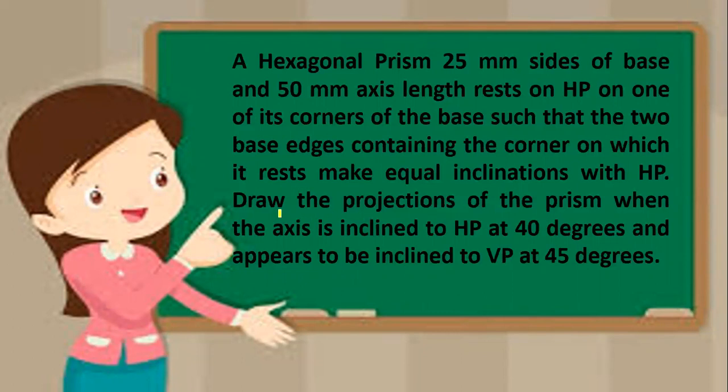Draw the projections of the prism when the axis is inclined to HP at 40 degrees and appears to be inclined to VP at 45 degrees.